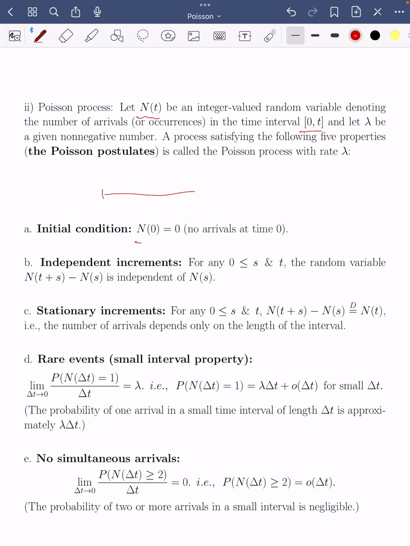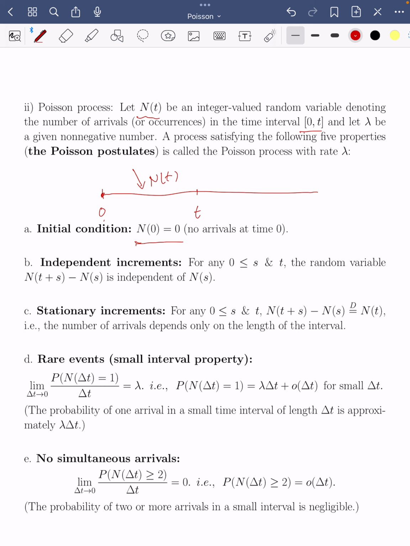Suppose that we have a time axis, from 0 to t, and N(t) denotes the number of arrivals in this time period. At the very beginning, there is no arrival at all. So that means that N(0) is equal to 0.